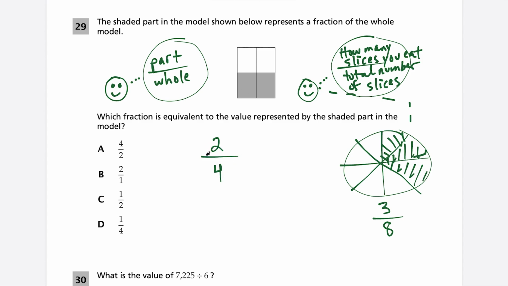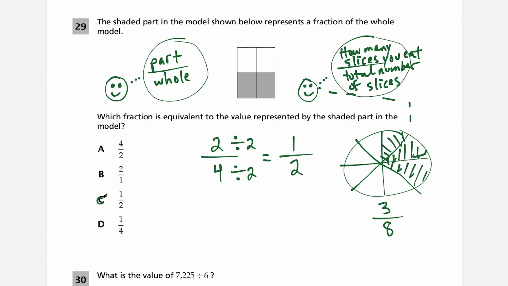However, with fractions, you want to reduce your fractions. So you might look at this and say, oh no, my answer is not there. Well, that's because 2 and 4 are both divisible by 2. They have a common factor between them. So we could divide the numerator and denominator by the same value, 2. 2 divided by 2 is 1. 4 divided by 2 is 2.